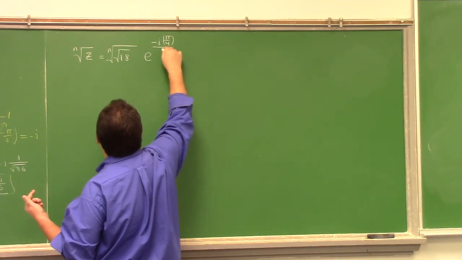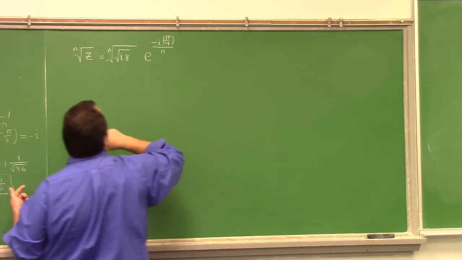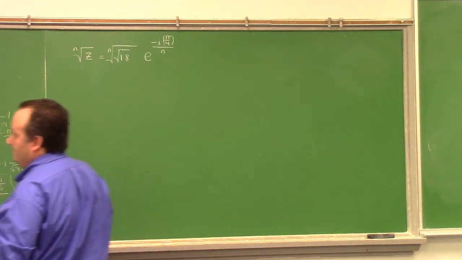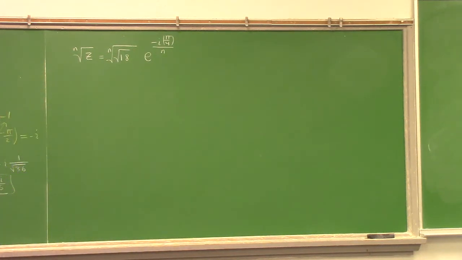And then I divide by n. No, the nth root, which I've sadly deleted now, erased. The modulus, so the length, is the nth root of the length of z times e to the i theta over n, where z is the length of z times e to the i theta. All right.